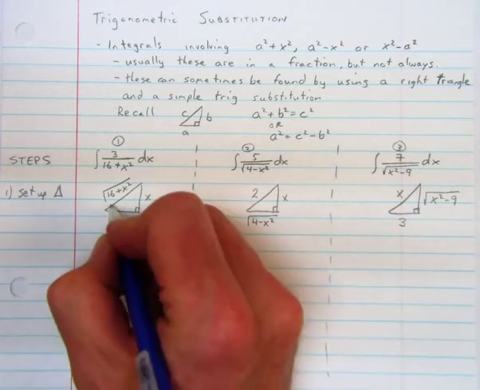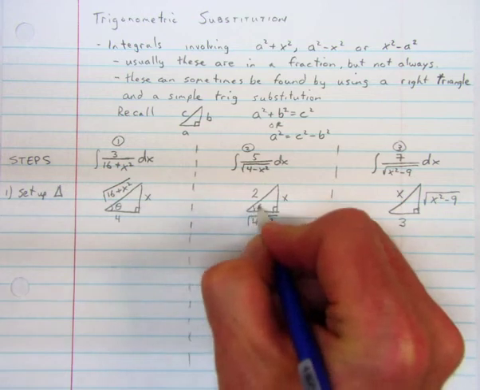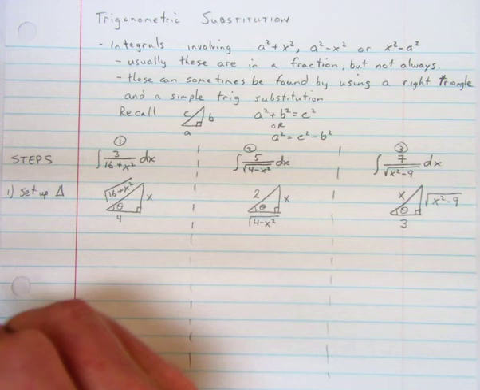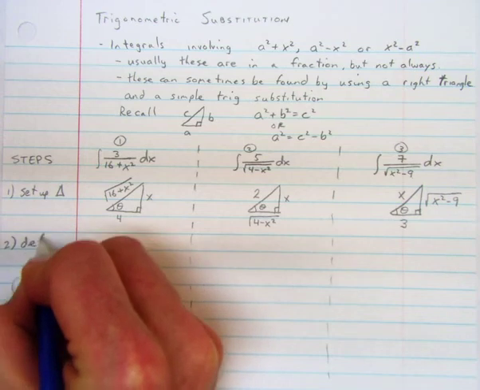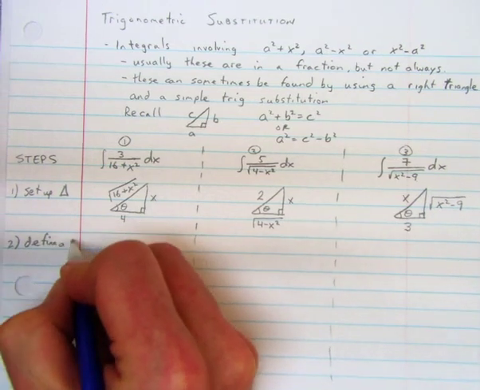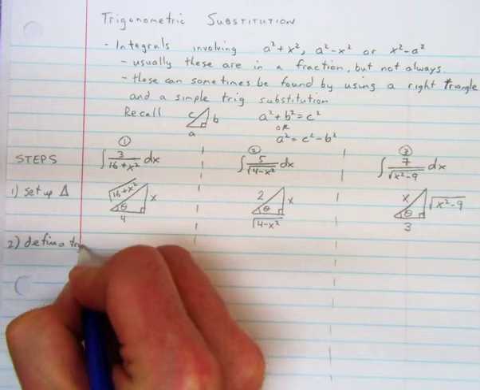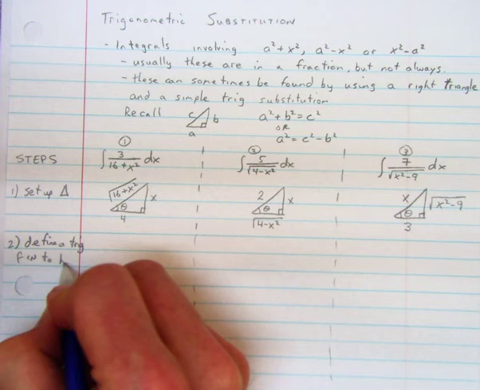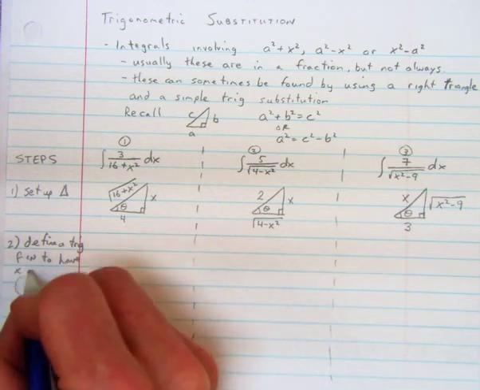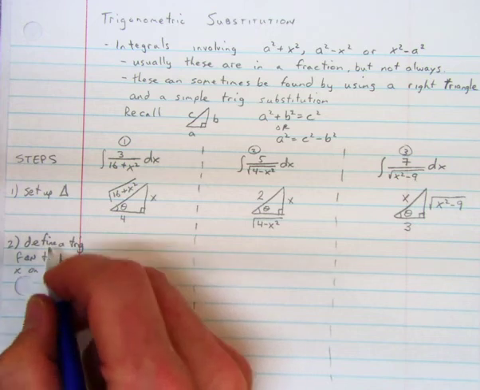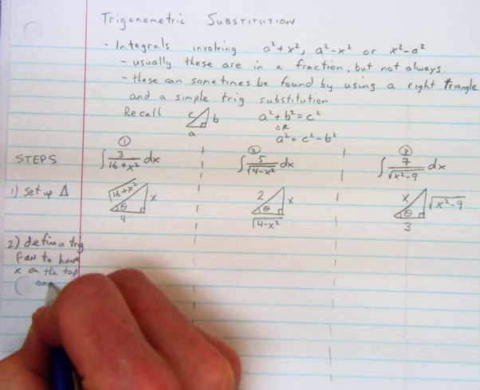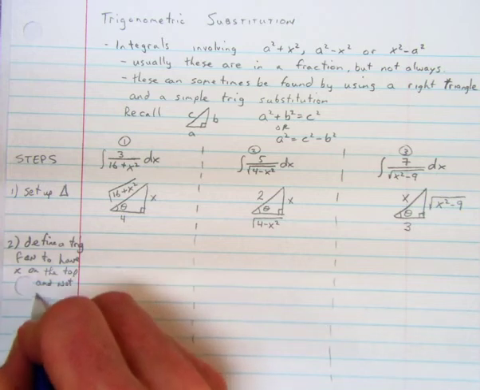Now let's label theta here. So step 2, define a trig function to have x on the top and not the square root.